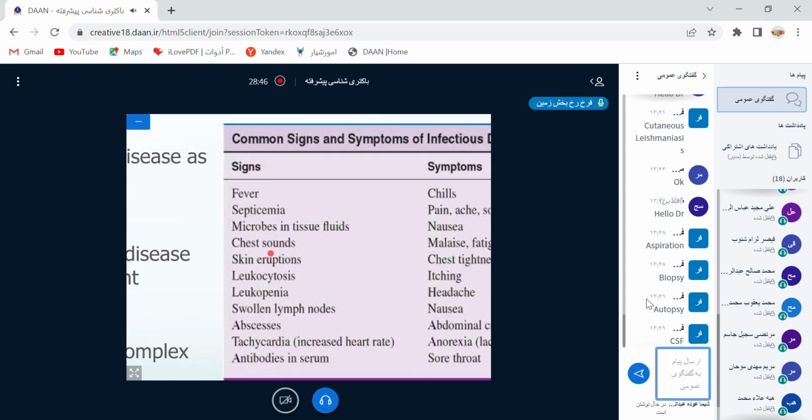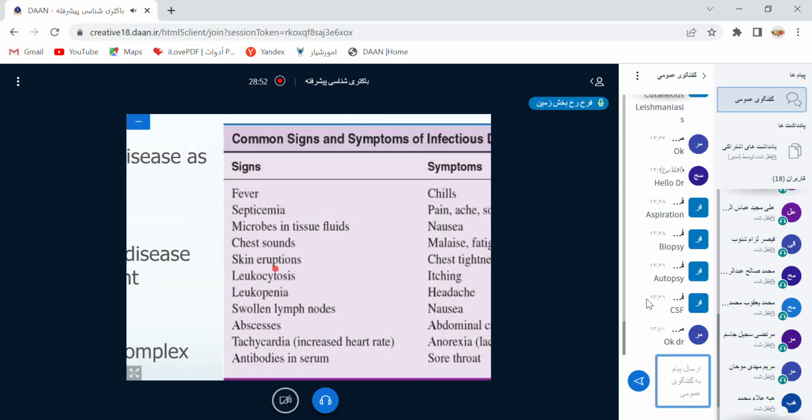Chest sounds: by device, the physician can understand the chest sounds. The skin eruption, leukocytosis, the number of leukocytes in the blood, leukopenia. We explain it in the next page. Sometimes leukocytes are more than normal or less than normal.